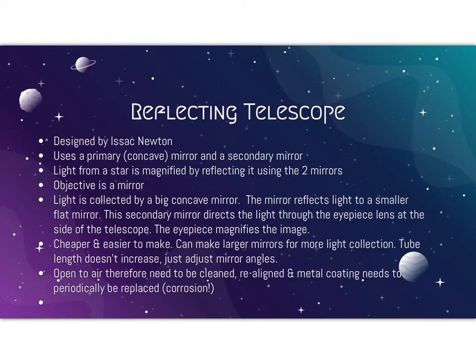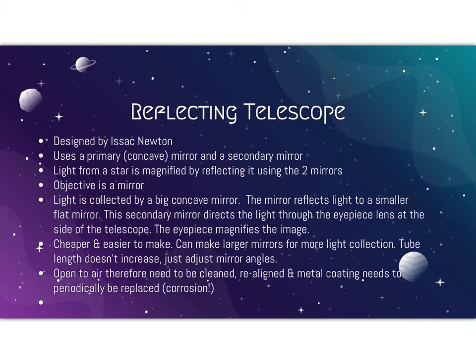In contrast to our refracting telescope, we have a reflecting telescope. This is designed by Isaac Newton. It used a primary or concave mirror instead of a lens, and a secondary mirror. Light from a star is magnified by reflecting it using these two mirrors.